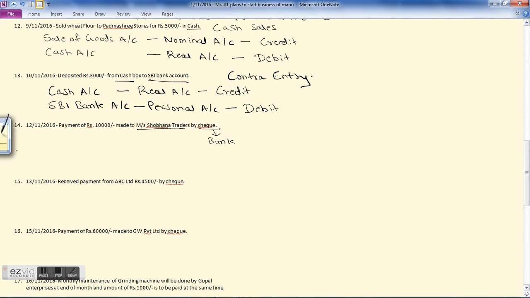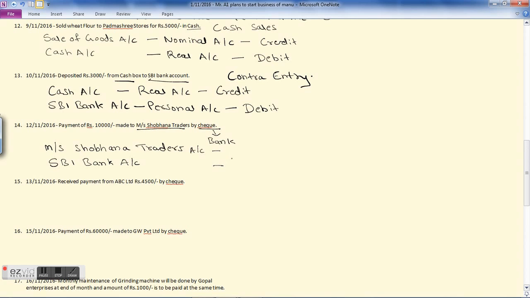So Messrs. Shobna Traders and one is bank. You know what bank it is, SBI Bank. We have seen it earlier, right? Messrs.